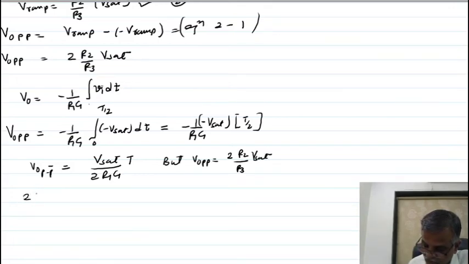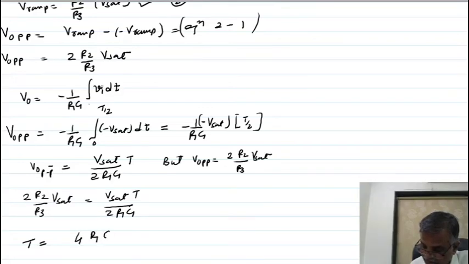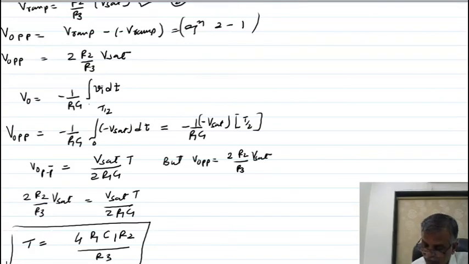By writing 2R2 by R3 into V set equal to V set into T upon 2R1 C1, the periodic time is given by 4R1 C1 into R2 upon R3. So the periodic time of a triangle wave can be written as 4R1 C1 R2 upon R3.